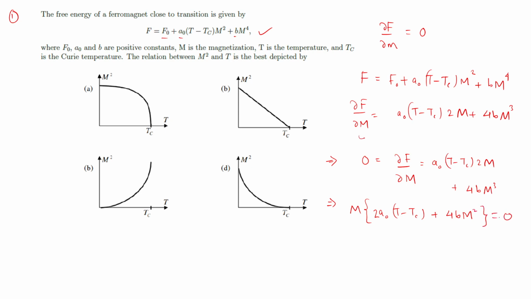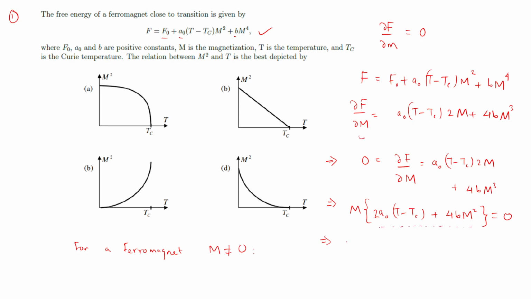Now say that it is a ferromagnet. For a ferromagnet, m cannot be 0. It has some magnetization left. So this quantity has to be 0.